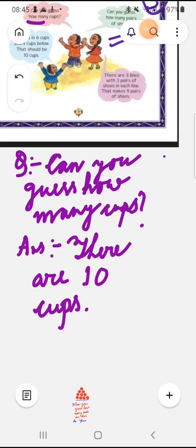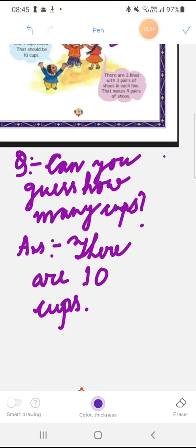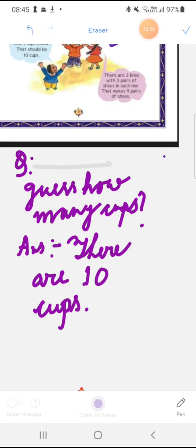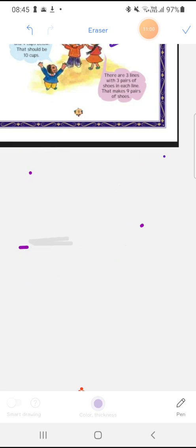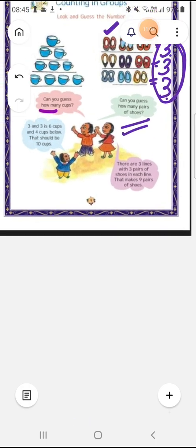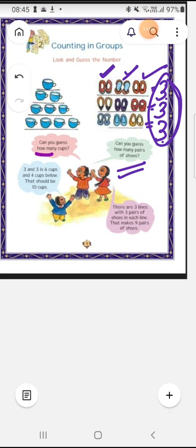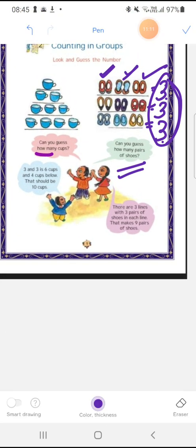See, if we add the pairs of shoes, how many did we get? Here the number of pairs is 3. Here also it is 3. Here also it is 3.